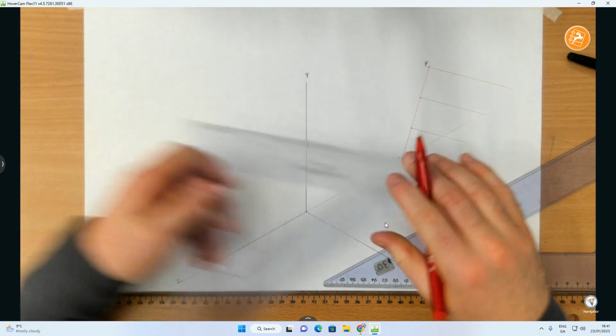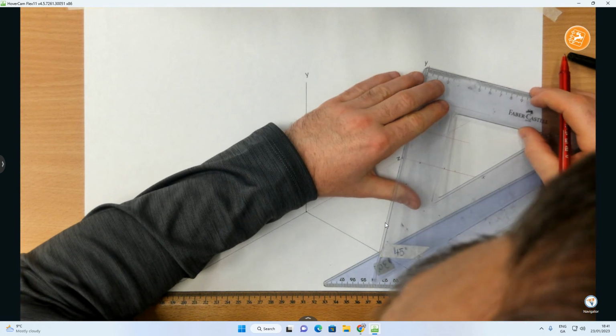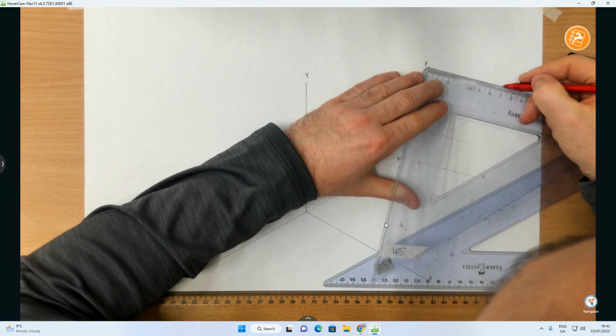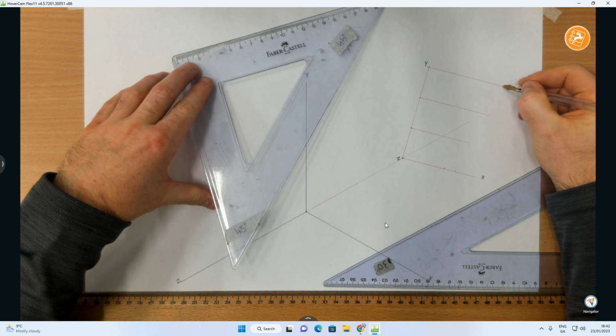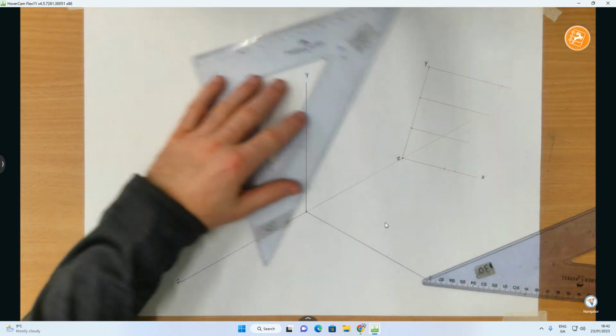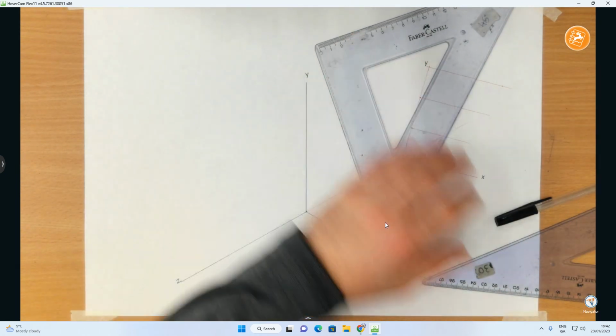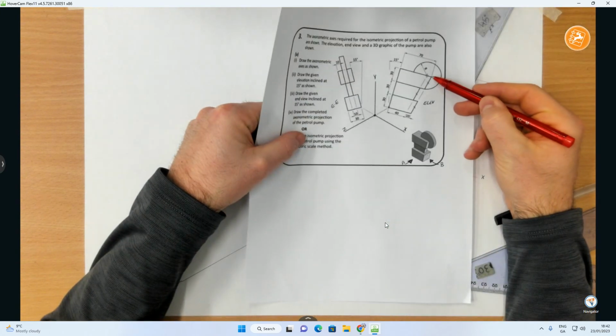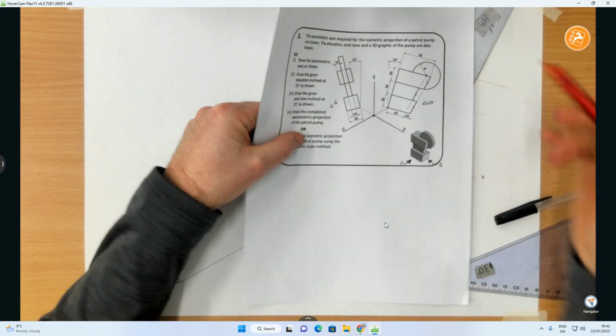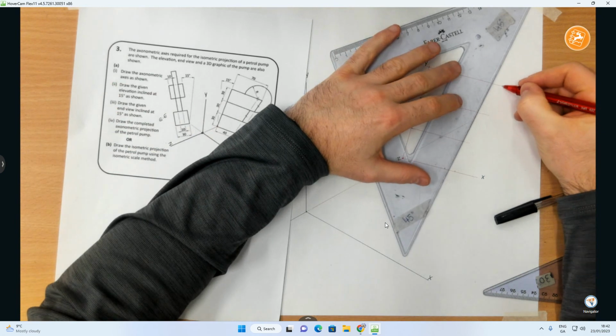And from this point right here, I want to measure a distance of 70 millimeters. Okay, there's my 70. Now, at that point there, that 70, which is out here, connects down to the 50 mark here. So, I'll connect this down.